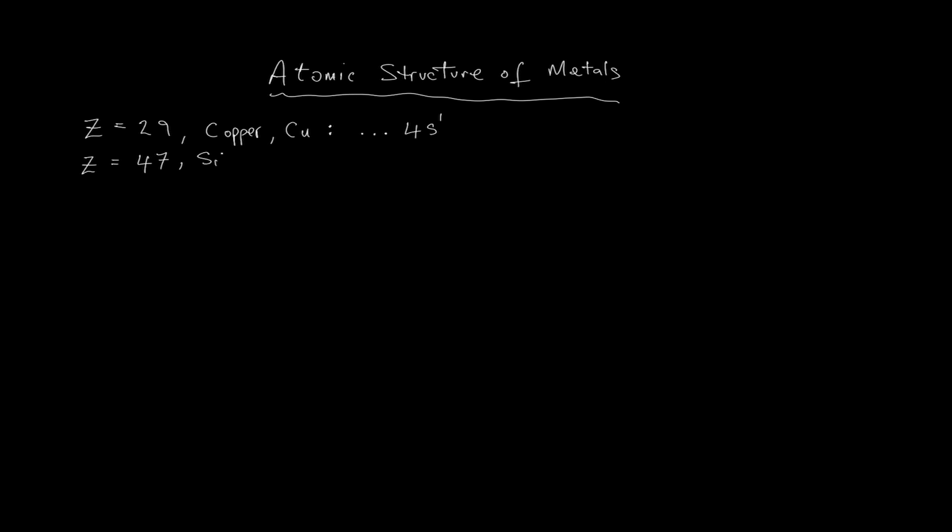This is silver, with chemical symbol Ag. It has a structure in the shells, which we know about. And at the far end, we have 5s to the 1. So in the fifth shell, on the innermost band, there is one valence electron.